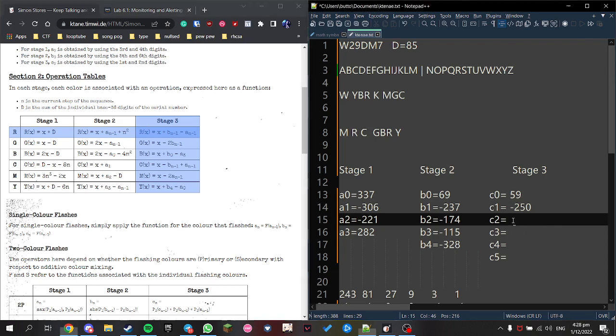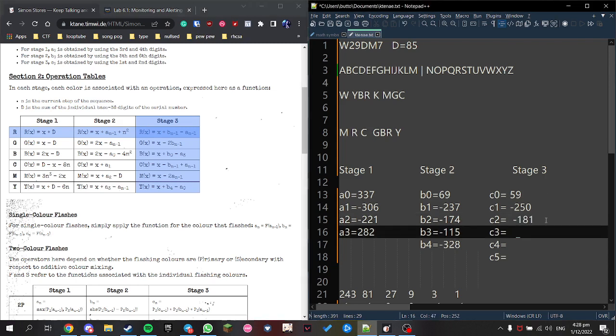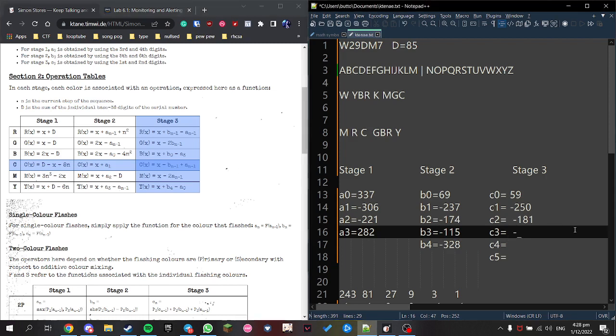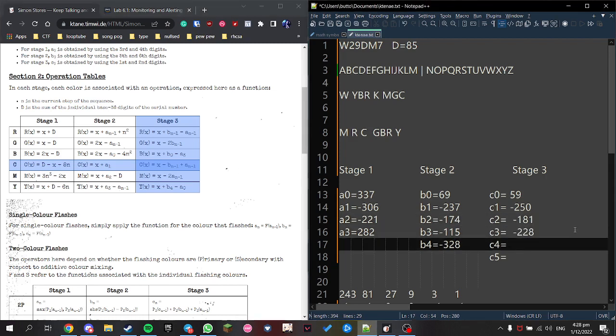So negative 181. Okay. Next is cyan, which is negative 181 minus negative 174 plus negative 221. So it's negative 228.